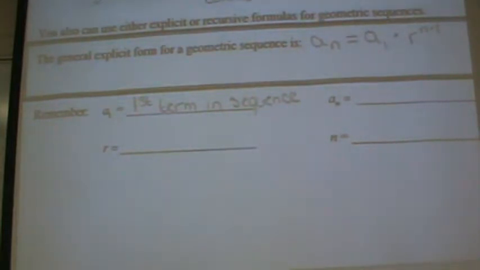Because in order to use this formula, we have to know what all these mean. So a_1 is our first term in the sequence. What's our r value? It's the ratio.